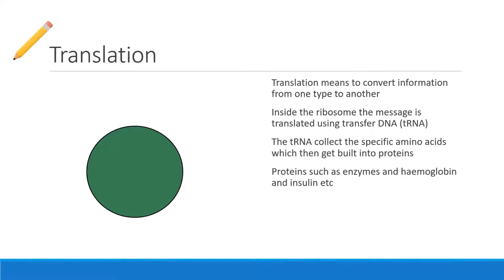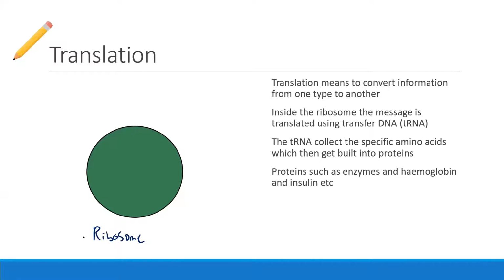We've got this mRNA, right? And this mRNA, which has gone into the ribosome, is kind of still DNA. It's still a code. This is going to be our ribosome here. We need to take that mRNA and turn it into something.